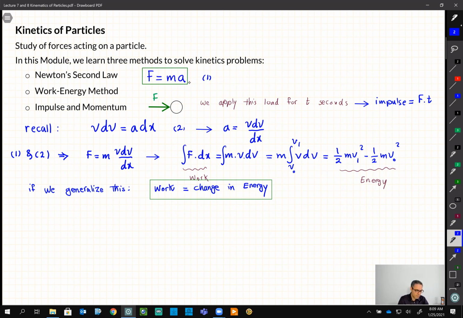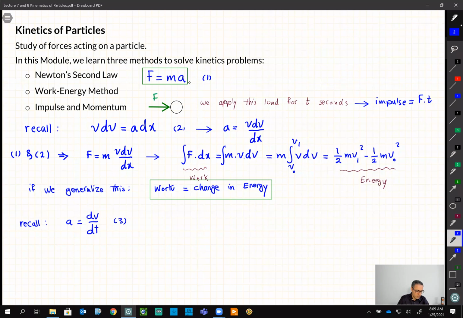And let's see how we can use the same formula, formula one. So again, recall from the previous topic that we define A, basically acceleration, as dv divided by dt, right? This is something that we know. Let's call this one formula 3.